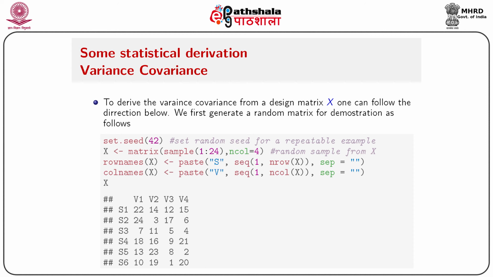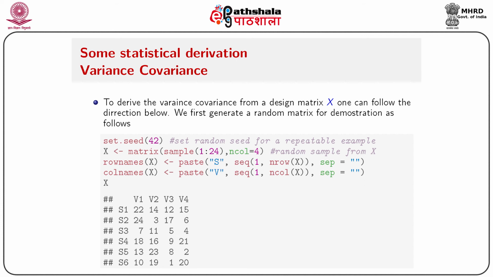Say set.seed 42, just setting the seed to get the same matrix every time. Then x equals a matrix of order 6 by 4, values 1 to 24, with ncol equals 4, and then give the dimension names of the matrix. The row names are S1, S2 through S6, and the column names are V1, V2, V3 and V4.